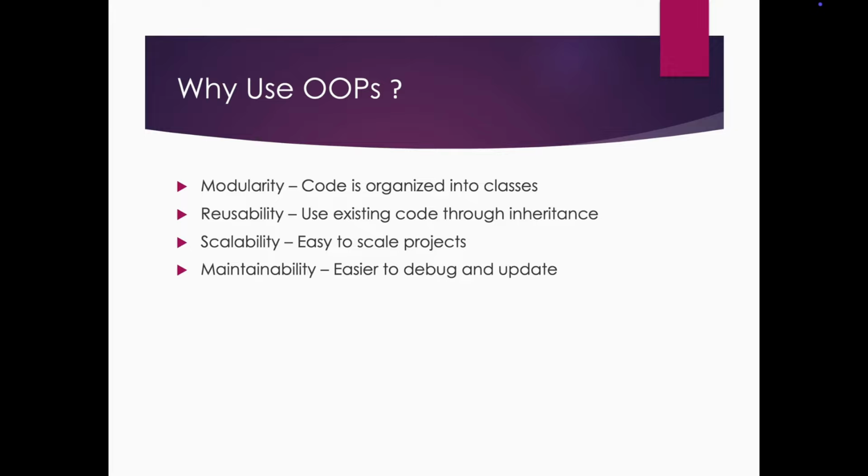The last one is maintainability. When you write your code using modularity and reuse existing code, it becomes very easy to maintain, debug and update your existing code. So these were the four main advantages of using OOPS.